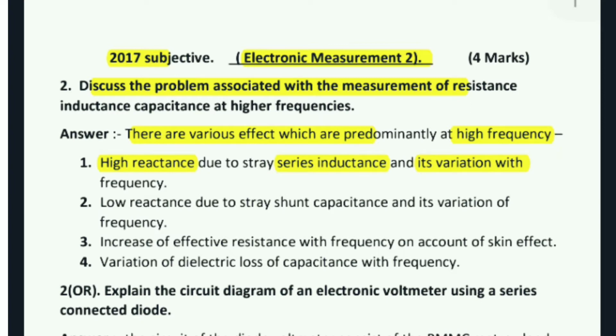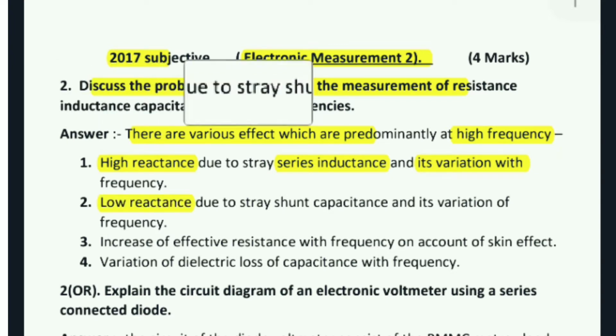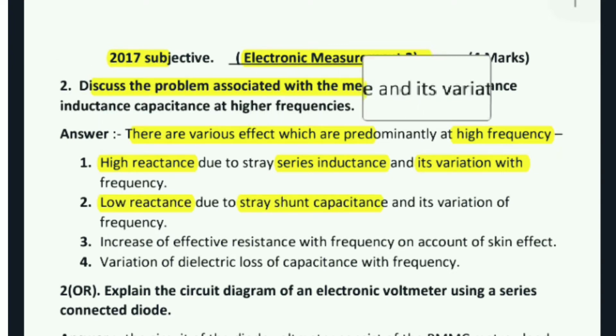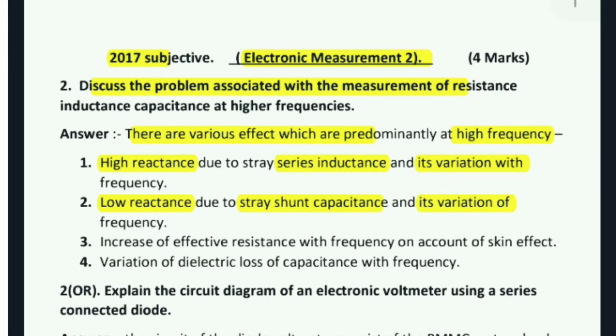Another effect is low reactance due to stray shunt capacitance and variation of frequency. Another effect is increase of effective resistance with frequency on account of skin effect. The last effect is variation of dielectric loss of capacitance with frequency.